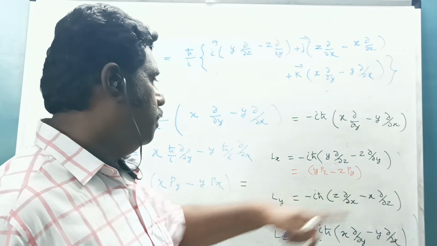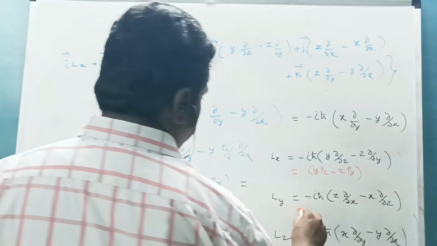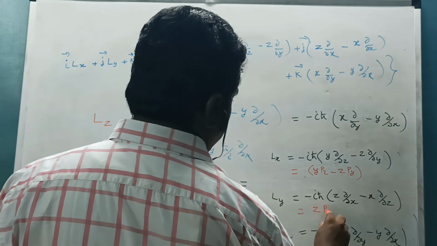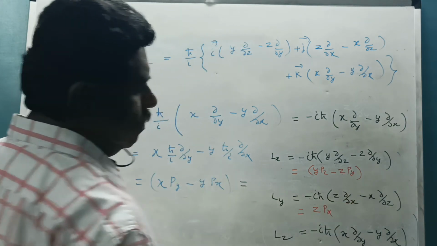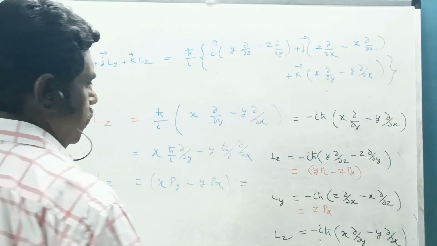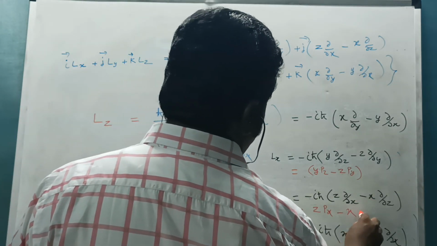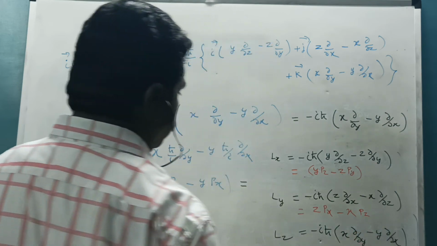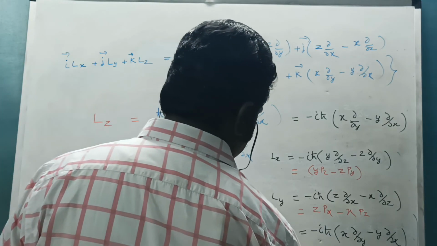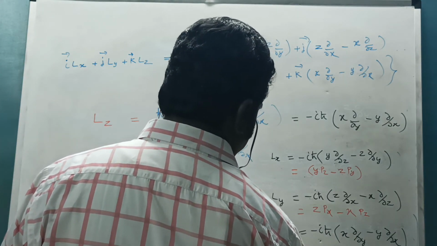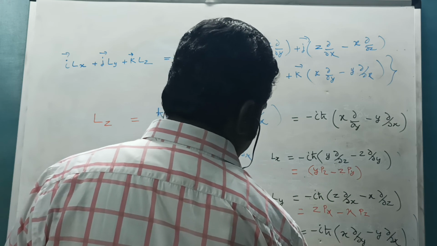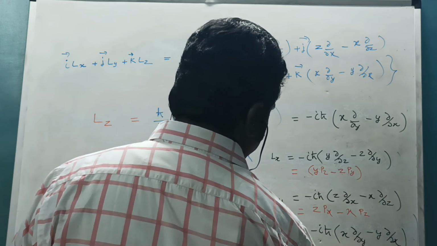So y pz minus z py. Similarly, Ly is equal to z px, because minus iħ ∂/∂x is the x component of momentum, minus x into minus iħ ∂/∂z, which is our pz. And here Lz is x py minus y px.